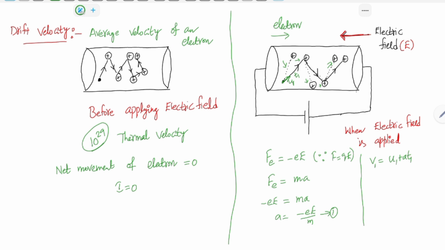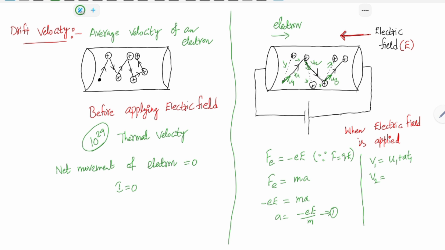Similarly, if there are n number of collisions that took place, for all the n collisions you will have fresh velocities. After this collision, it will attain a velocity of u2, and before colliding with this positive ion, it attains a velocity of v2. After colliding with this positive ion, it again gets a new velocity, which we assume as u3. Like that, we have initial velocities and final velocities.